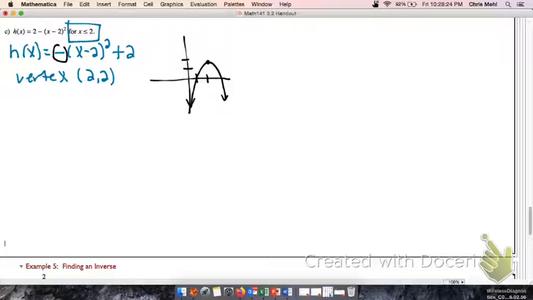And then what I explained was, this is why I had to specify that x was less than or equal to 2.